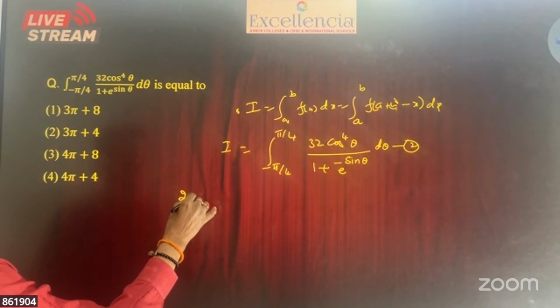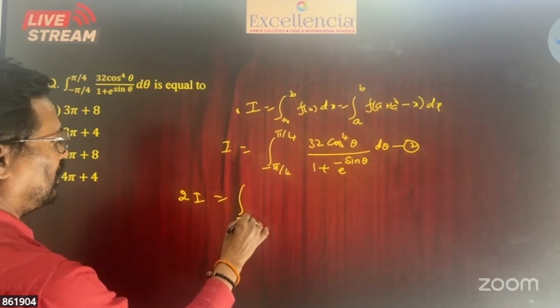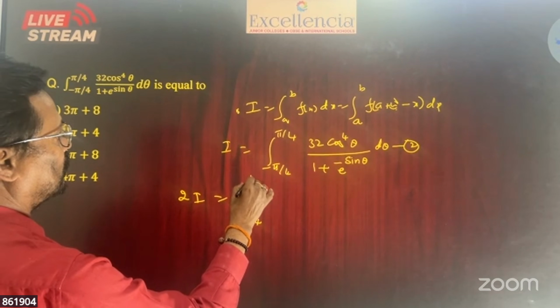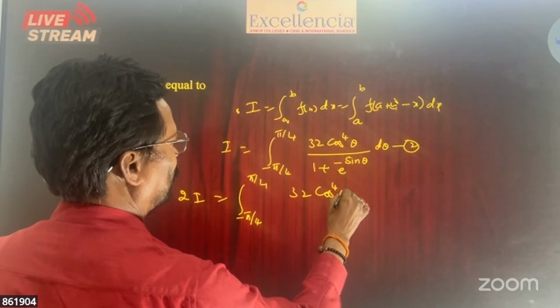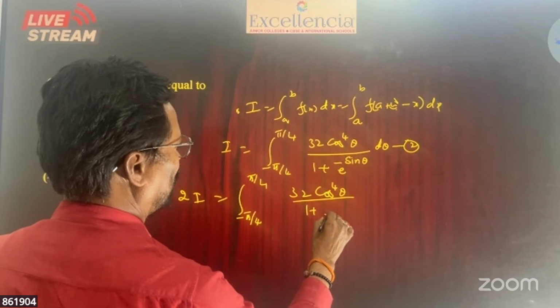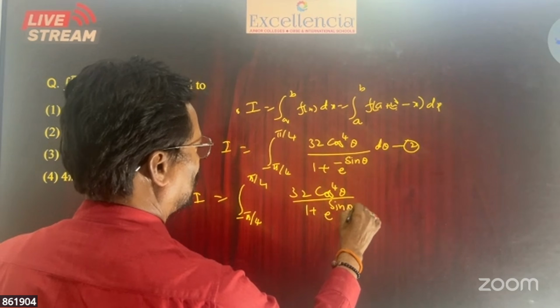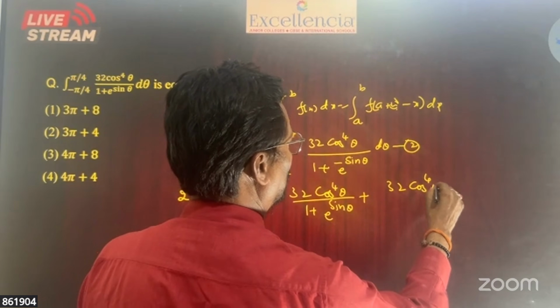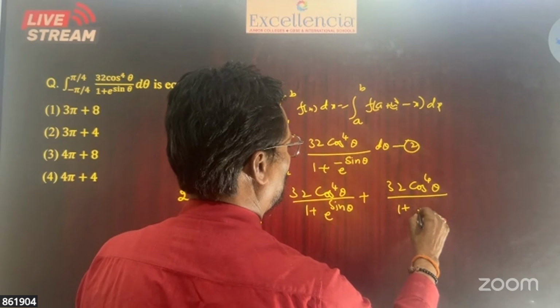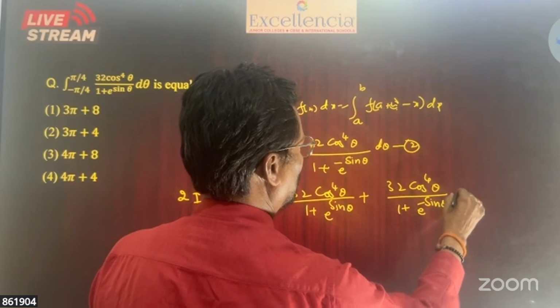If we add those two, 2I equals the integral from minus pi by 4 to plus pi by 4 of 32 cos power 4 theta by 1 plus e power sin theta plus 32 cos power 4 theta by 1 plus e power minus sin theta dθ.